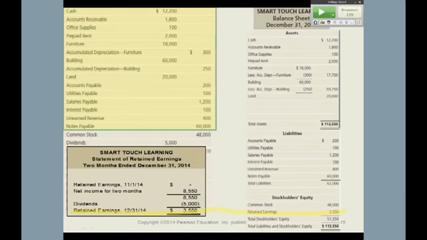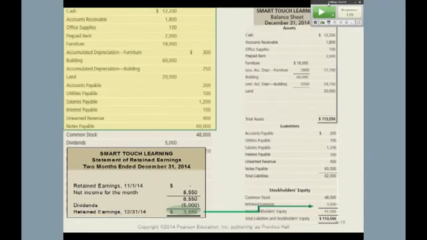Now, I'm going to move up to the slide here, and I'm sorry if this is a little bit blurry for those of you who don't have the slide. I wanted to show you a couple of things.